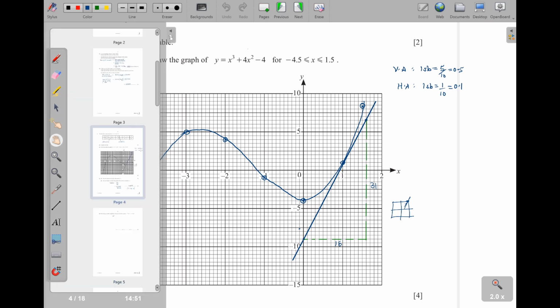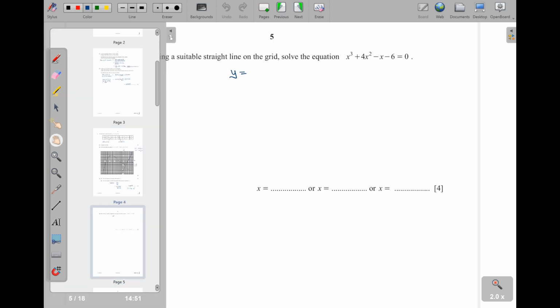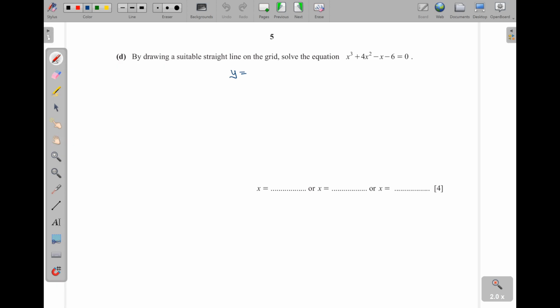So I go back here and I say y is equal to x cubed plus 4x squared minus 4. And then this other one here is x cubed plus 4x squared minus x minus 6, is equal to 0.